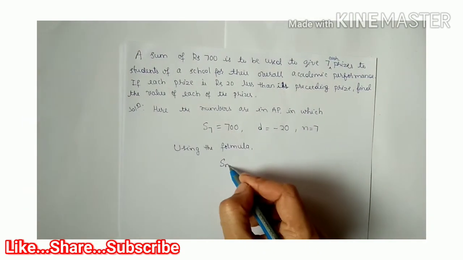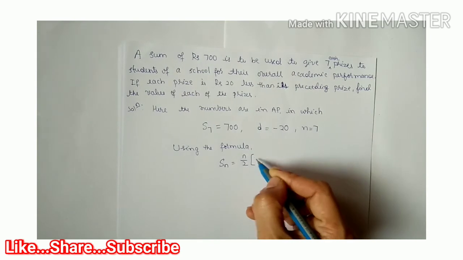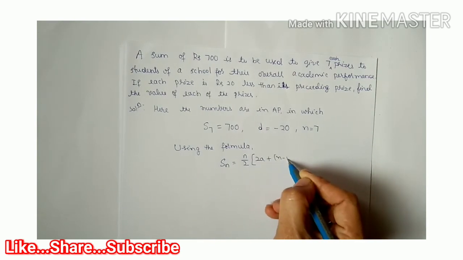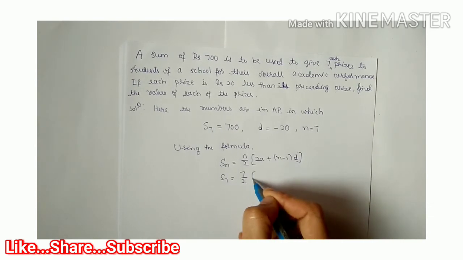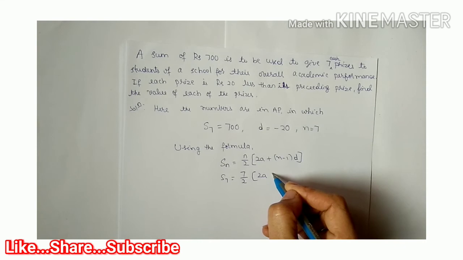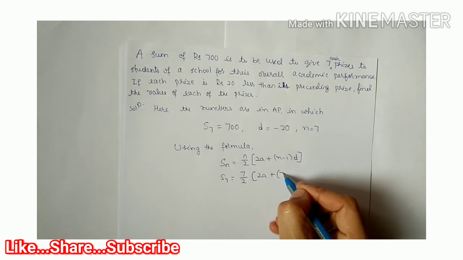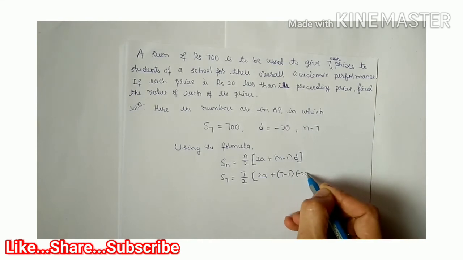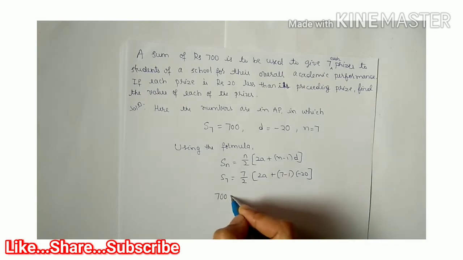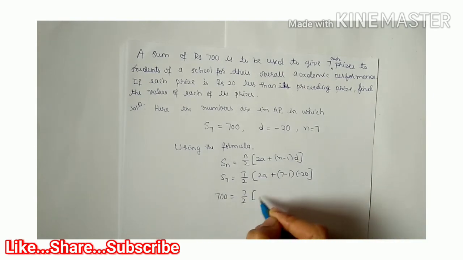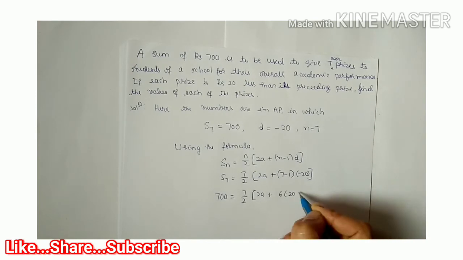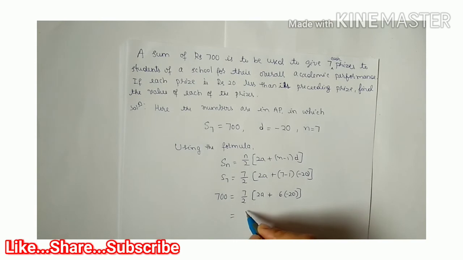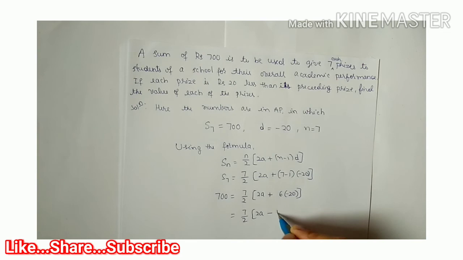Using the formula Sn is equal to n by 2, 2a plus n minus 1 into d. S7 is equal to 7 by 2, 2a plus 7 minus 1, d is minus 20. S7 is 700. 7 by 2, 2a plus 6 into minus 20. Here 7 by 2, 2a minus 120.